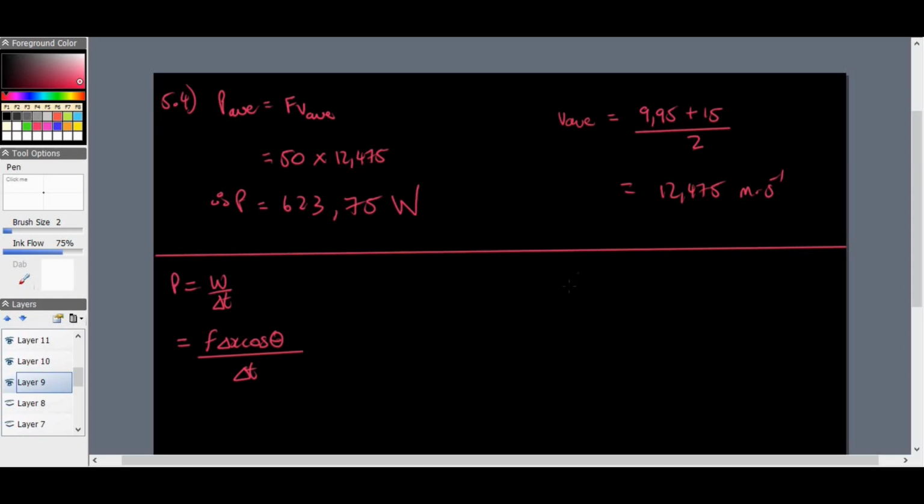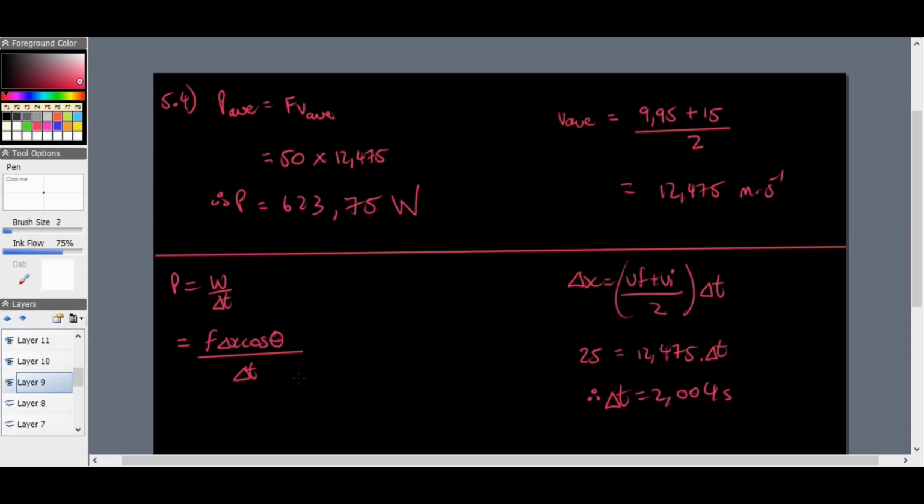Yes, but there's an equation of motion that says delta X is equal to Vf plus Vi divided by 2 multiplied by delta T. We found that delta X was equal to 25, is equal to 12,475 times delta T. And if you divide both sides by 12,475, you'll get delta T to equal roughly about 2,004 seconds.